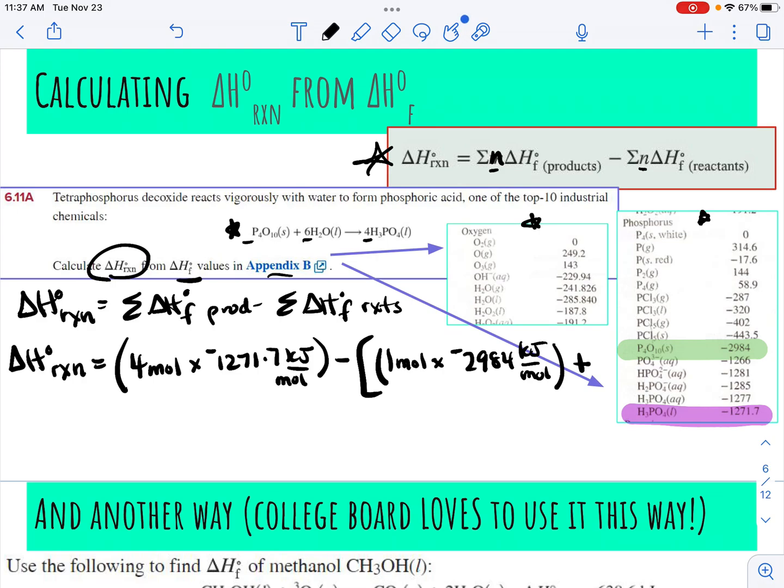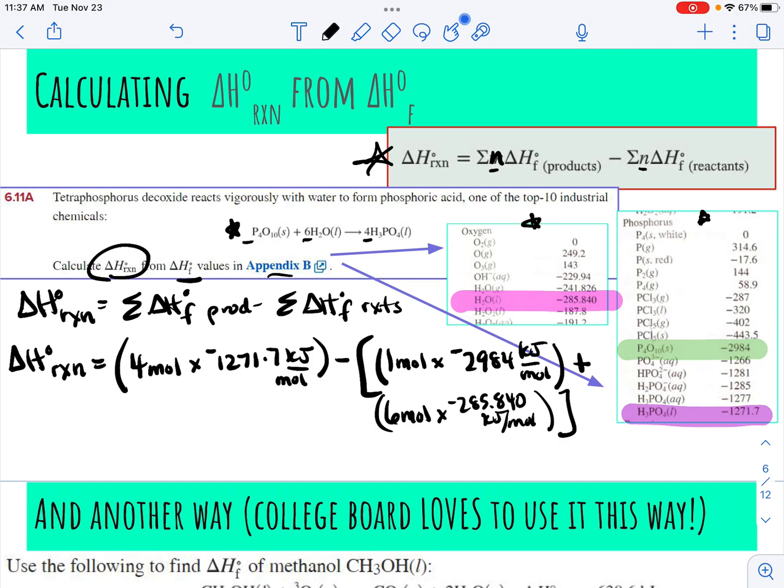Plus the other reactant, that would be 6 moles of water liquid. So make sure that you look for the right one here, water liquid, times negative 285.840 kilojoules per mole. And that would be my reactants.